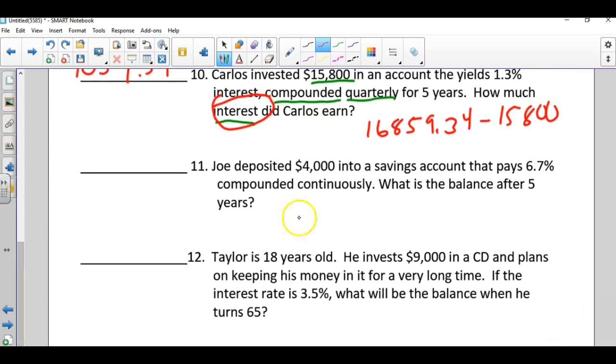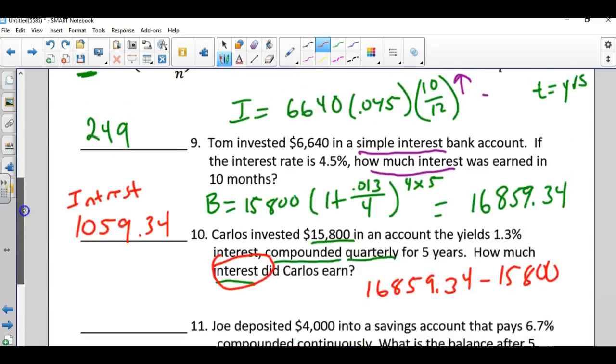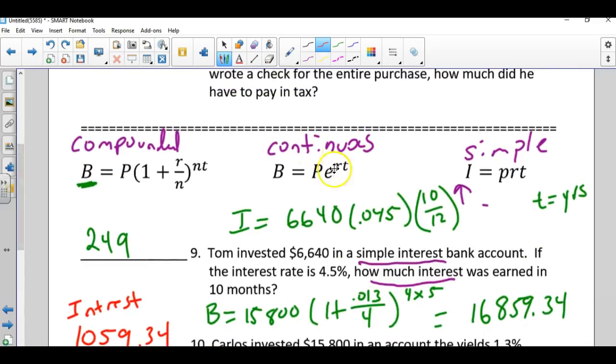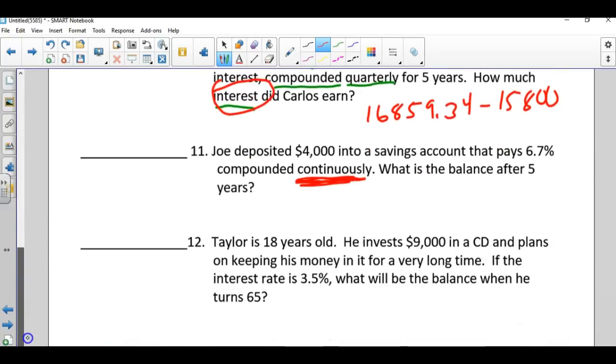All right, Joe deposited $4,000 into a savings account that pays 6.7% compounded continuously. Continuously. All right, keyword. So we're going to use which equation? The continuous one. So P times e to the rt. All right. So what is the balance after 5 years?